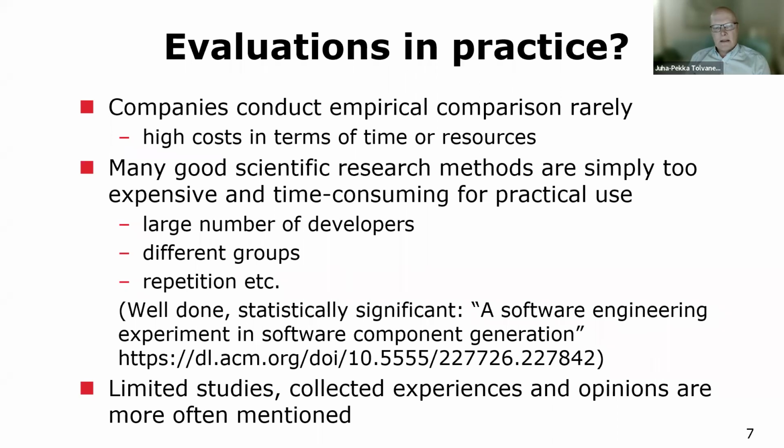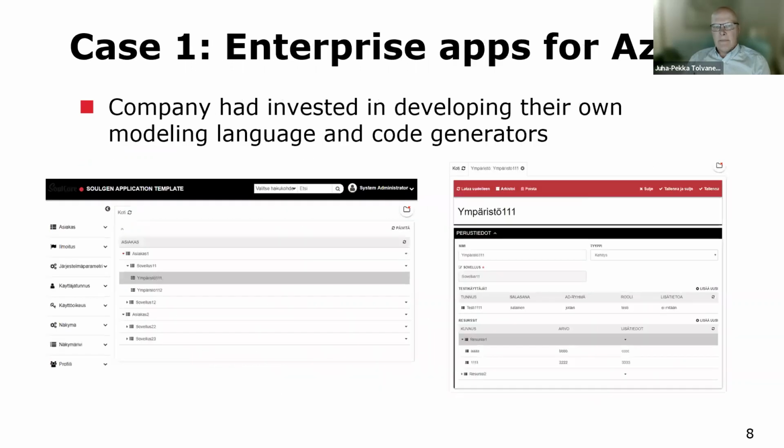But luckily, some companies try to do objective studies. And earlier this year, we were able to publish something for this company. It's a company in Finland, and you can see here the type of applications they are building.